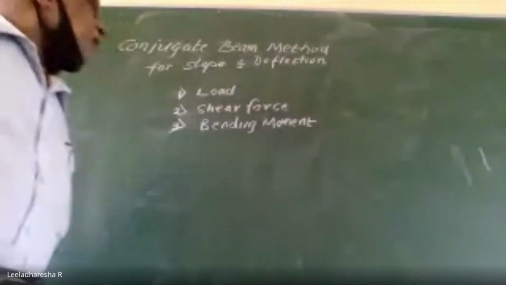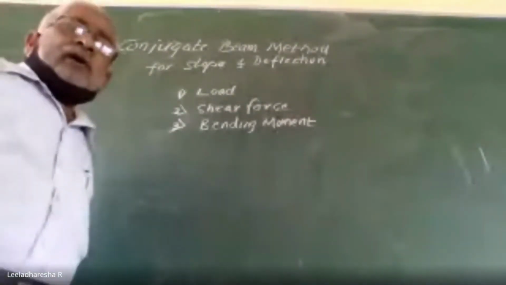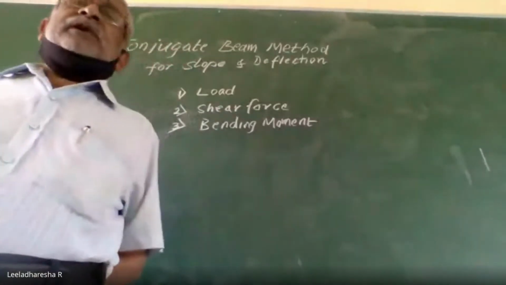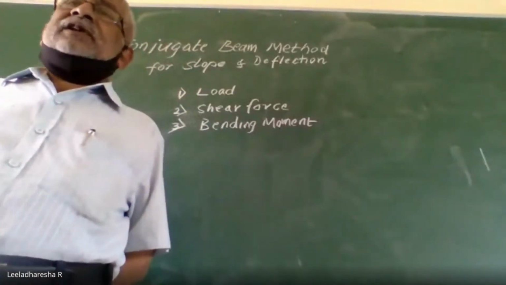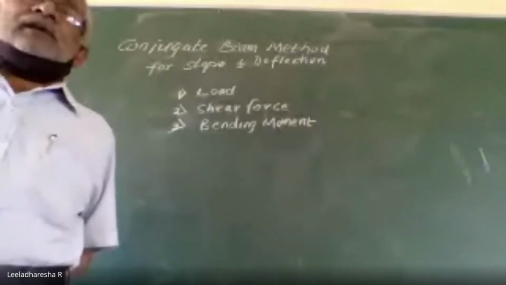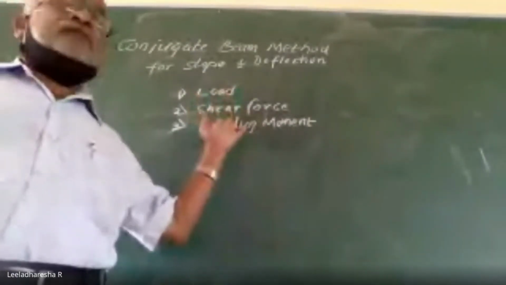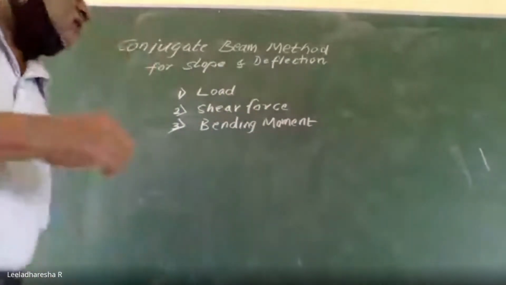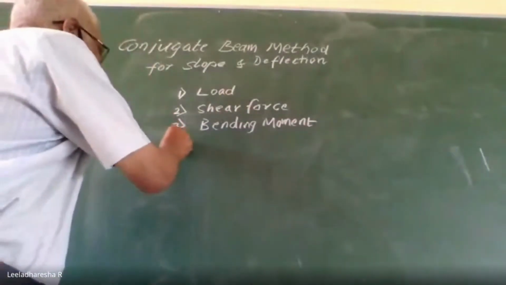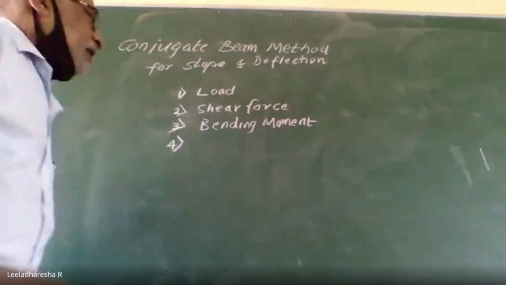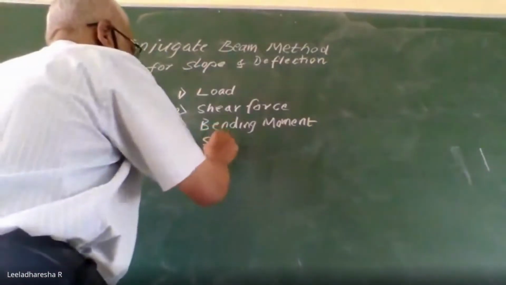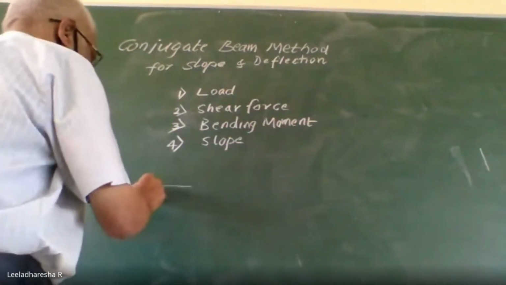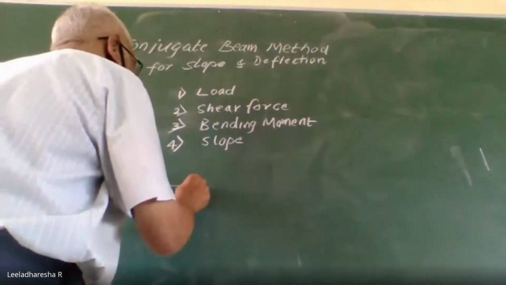Then, next is compatibility conditions. The beam or any structural element that you have designed may resist shear force as well as bending moment, but the next things must also be within safe limits. One is slope. Say, for example, the beam is resisting the moment, but it is bent like this.